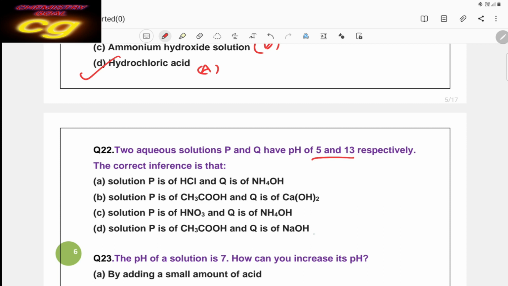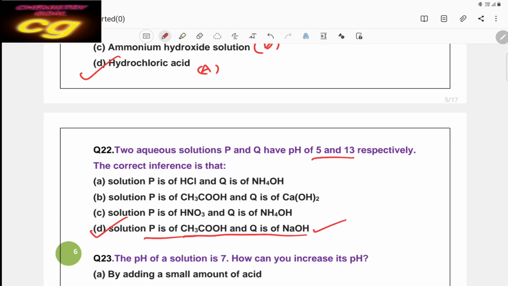And pH 5 is weakly acidic. That's why D is the correct answer. pH 5 means weakly acidic, pH 13 means strong base. This is the correct answer.